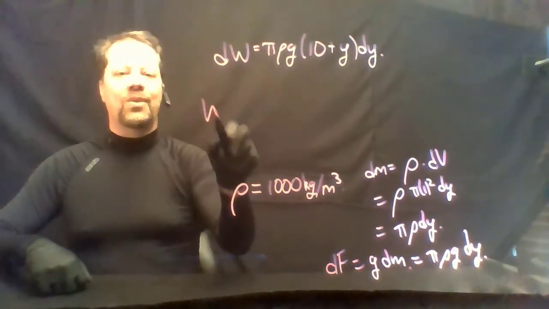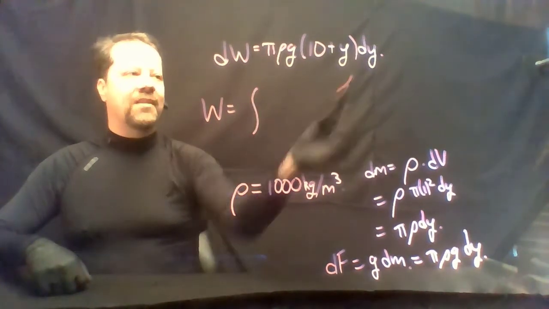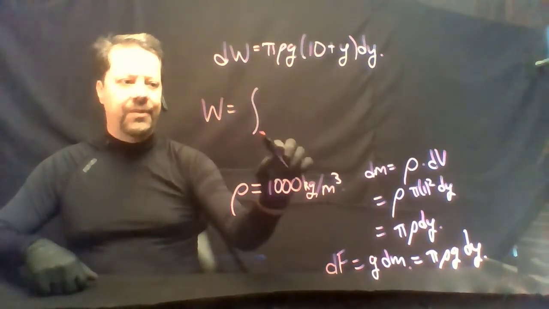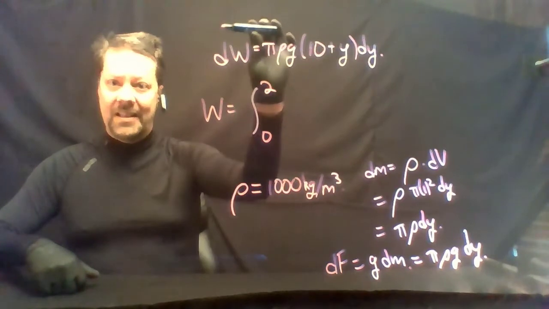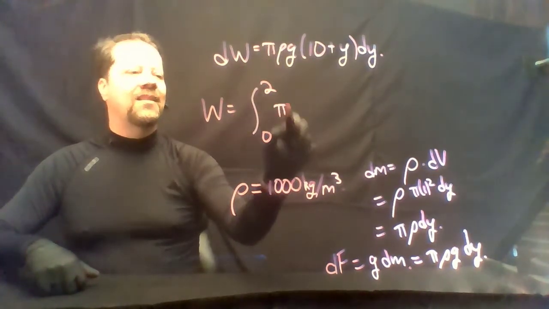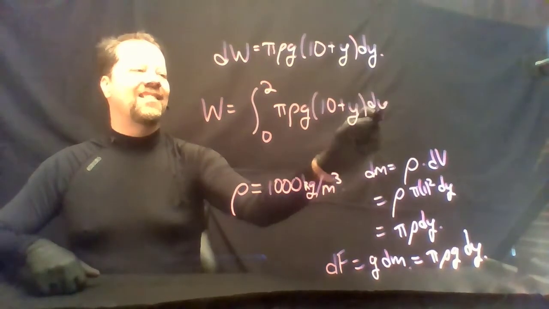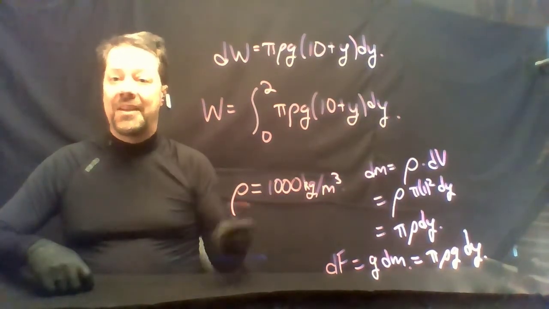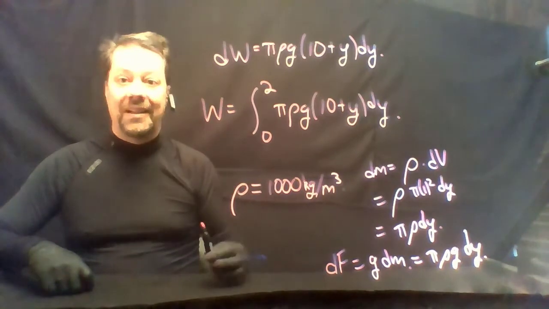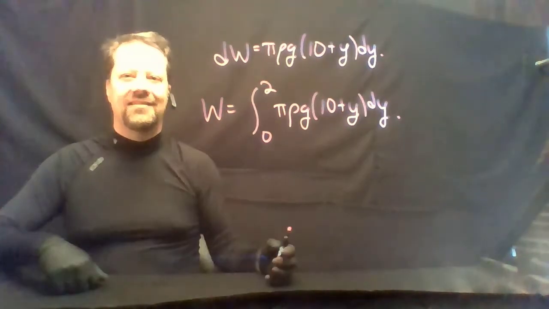That means the total work done is the integral, remember the y values went from 0 to 2. It was a tank 2 meters tall. Pi rho g times 10 plus y dy. From here, it's a simple matter of calculating a very simple integral.